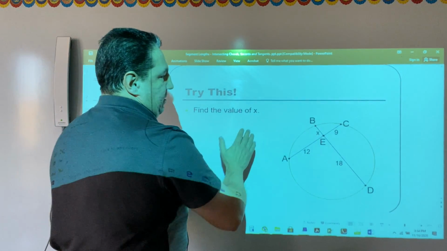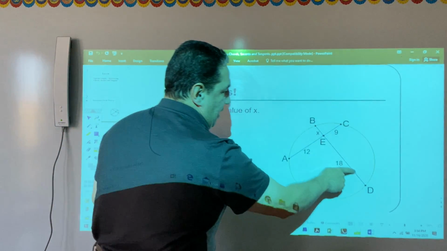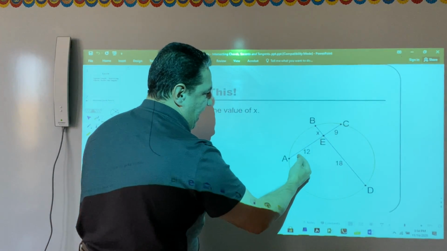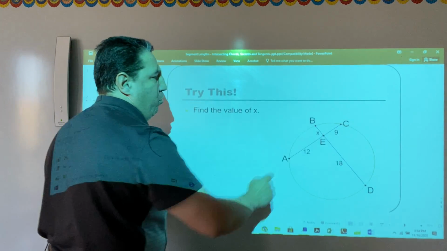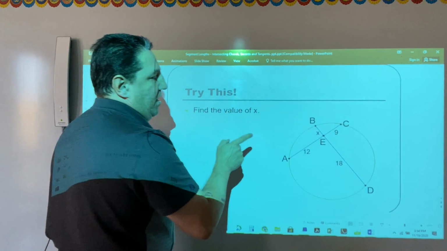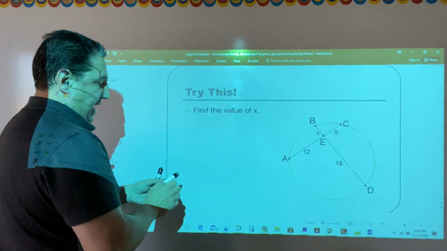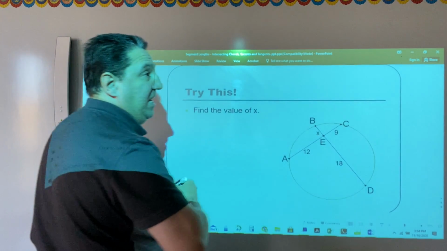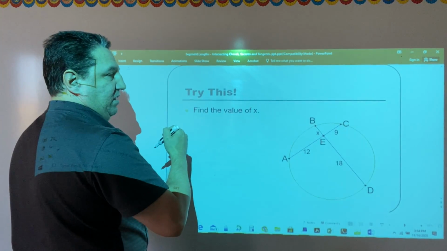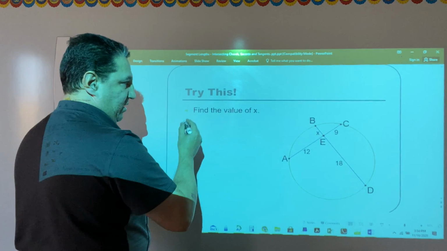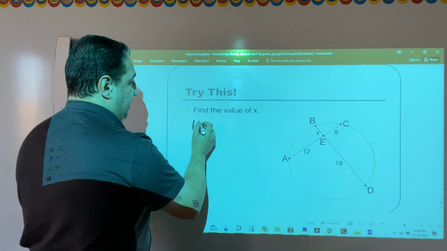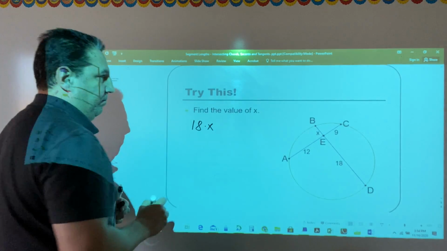Find the value of x. Chord BD and chord AC intersecting at point E. The resulting parts of BD are x and 18. So, according to the theorem that we had previously, we multiply these parts, 18 times x.